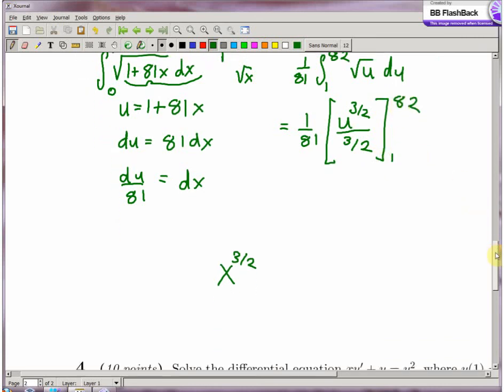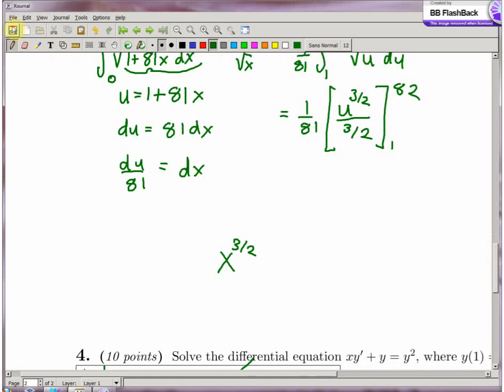Alright, and it's some number. You're going to have to figure out the number, but I'll go ahead and plug in the limits. So we've got as the answer 1 over 81. And when you plug in the top number, you get 82 to the 3/2. I don't think that's anything nice.